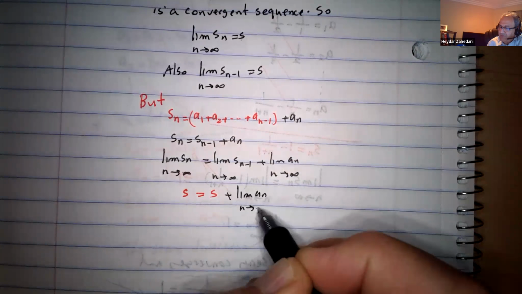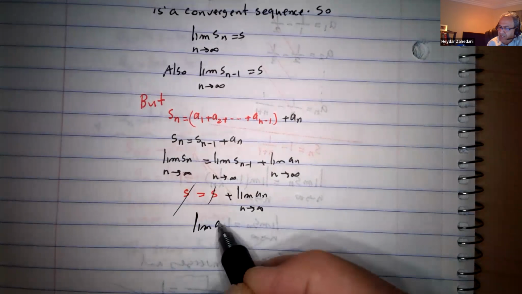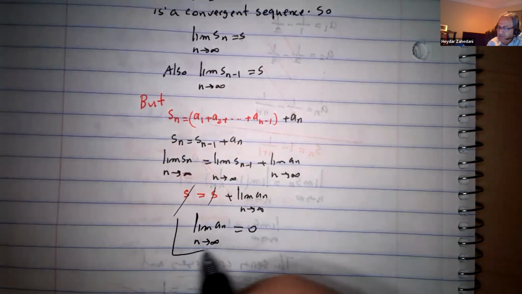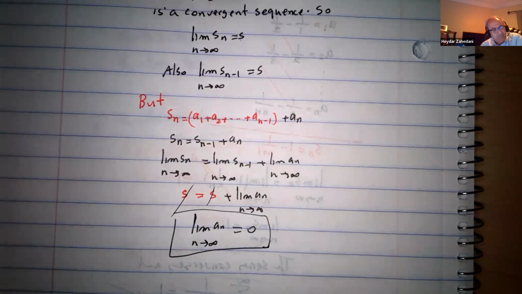As n goes to infinity, S and S cancel out. So the limit of an as n goes to infinity would be 0. Nice theorem, and easy to prove. So this means if the series is convergent, then this limit of an as n goes to infinity must be 0.